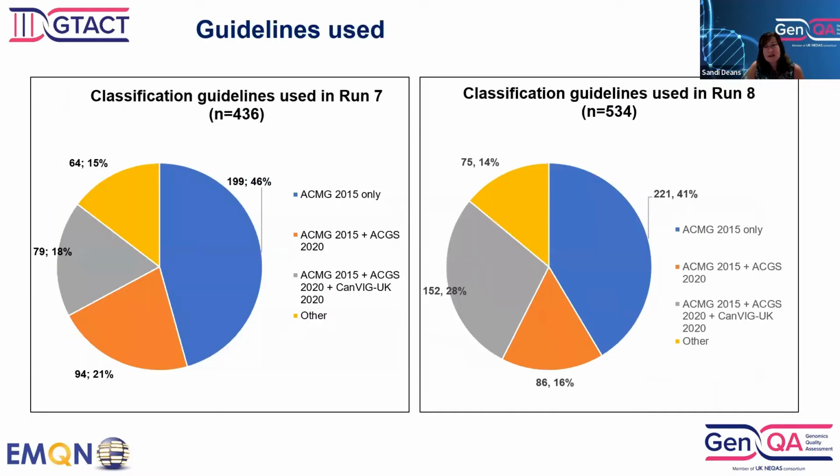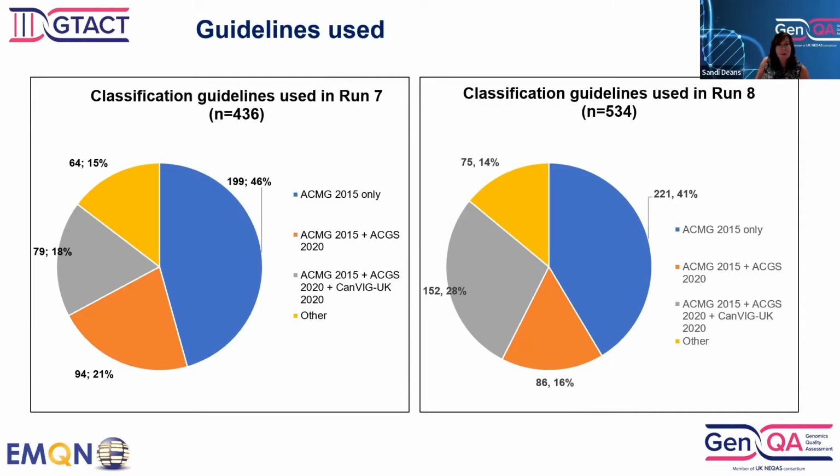What's really interesting with the EQA participation is you can start looking at trends and monitor and identify any changes. It's really nice to look back on Run 7 compared to the data for this run. You can see here that the main change is an increase in the use of ACGS guidelines along with ACMG, and the use of ACMG alone has reduced because more people are now using the CanVIG-UK guidelines.